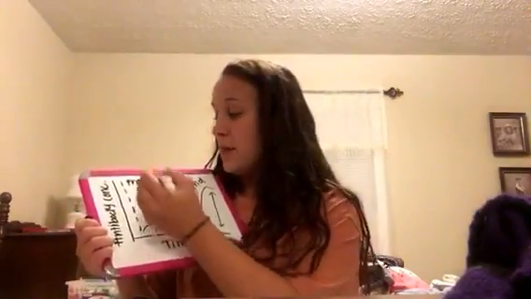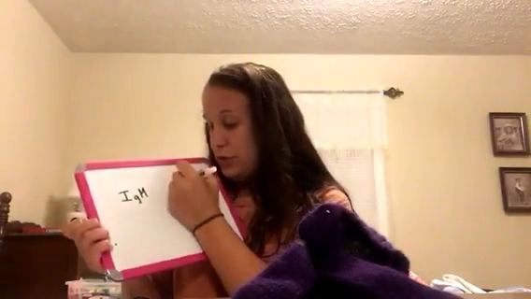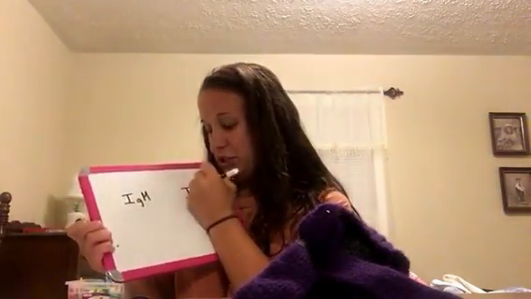Another difference is the main antibody produced during the primary immune response is going to be IgM. And then the main one produced in the secondary is going to be IgG.